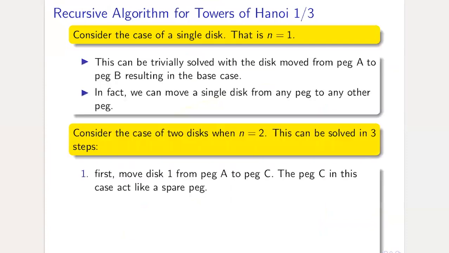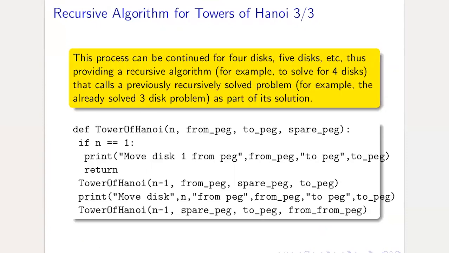So that is how the algorithm will work. You can see we are now reducing by 1. The bottommost one is kept there, and from peg is where the disks are already placed, and we switch the spare and the to peg.